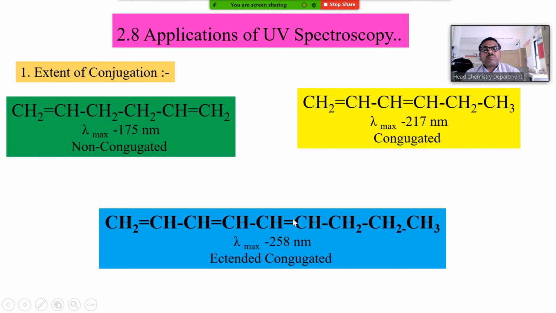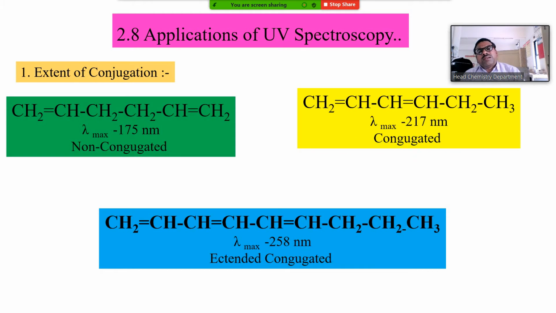So whatever extra double bond I have here is in conjugation with the parent diene. And when we calculate lambda max of such a compound, it is called extended conjugation, and that value comes in the range of 258 nanometer. So when one extended conjugation is added, you have to add 30 nanometer when calculating the lambda max of any kind of compound.